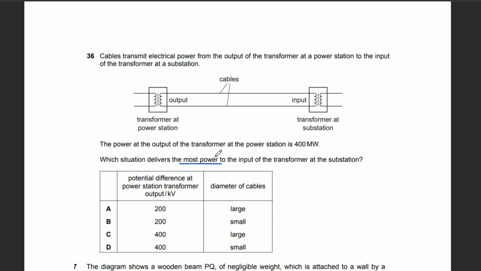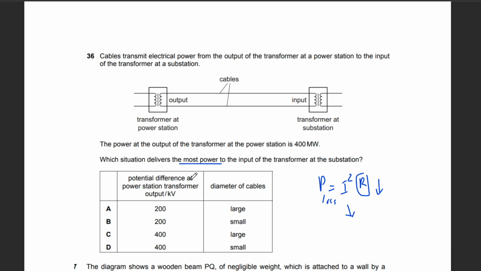So we want the most power, the least power loss. So power loss is given by P is equal to I squared R. And this resistance has to be smaller, and current also has to be smaller.